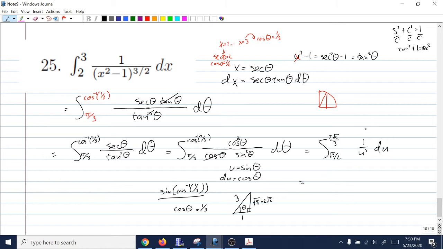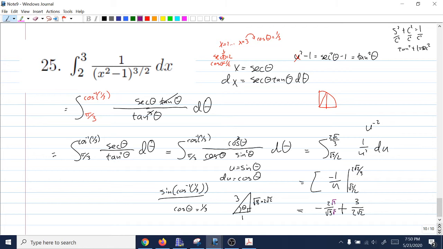Integral of 1 over u squared, that's u to the negative 2. Integral of that is negative 1 over u. And evaluate that from root 3 over 2 to 2 root 2 over 3. I get negative 1 over root 3 over 2, which is 2 over root 3, minus negative 3 over 2 root 2. Let's rationalize these denominators, that's the right way to do this.